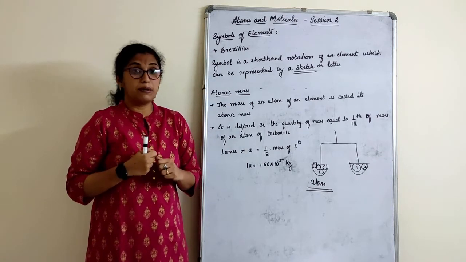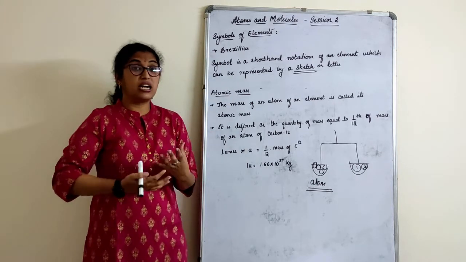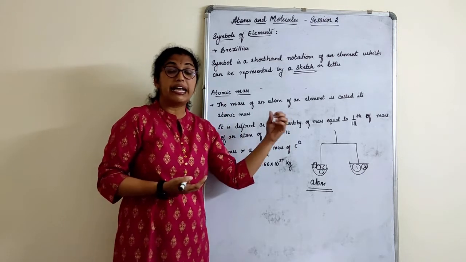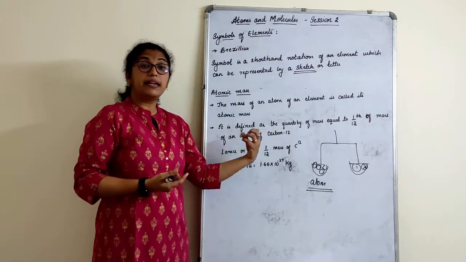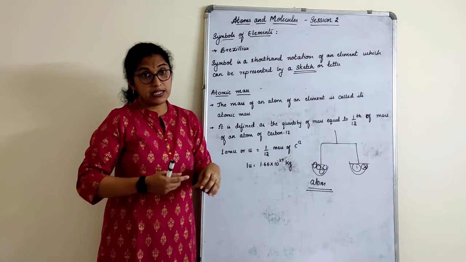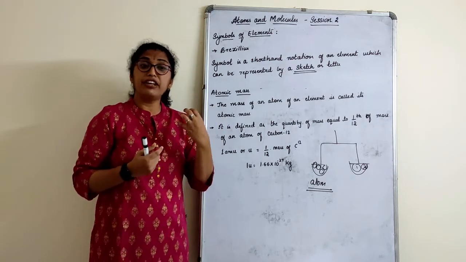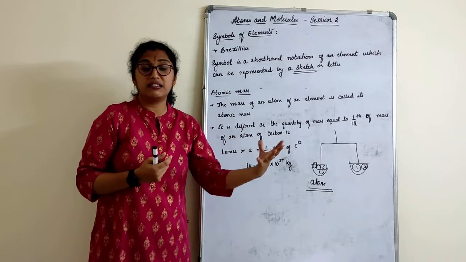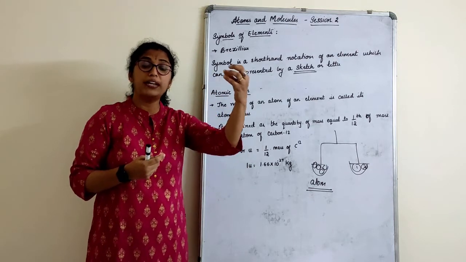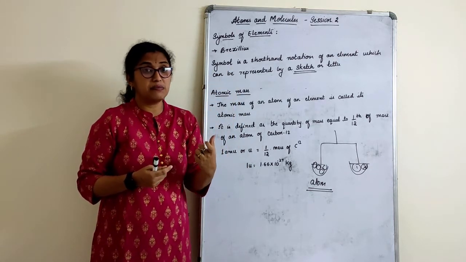Now, with what to compare? Initially, they started comparing with other elements. Say, let us compare with hydrogen's mass, or with helium's mass. But when we compared with other things, we were getting very small numbers, decimal numbers.